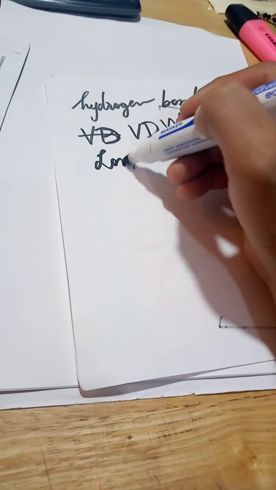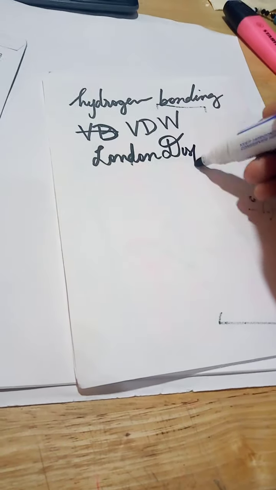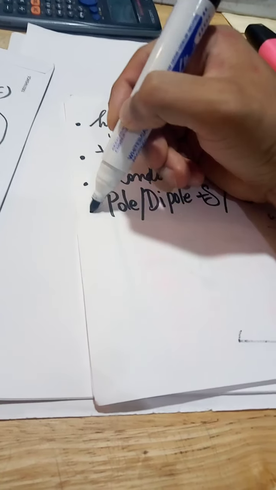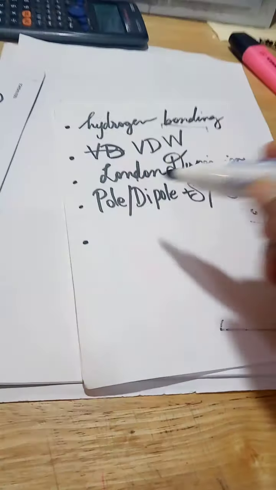We've got London dispersion forces, dipole-dipole interaction, and then we've got colligative properties like adhesion, cohesion, capillary action, and I think I'm forgetting a few.